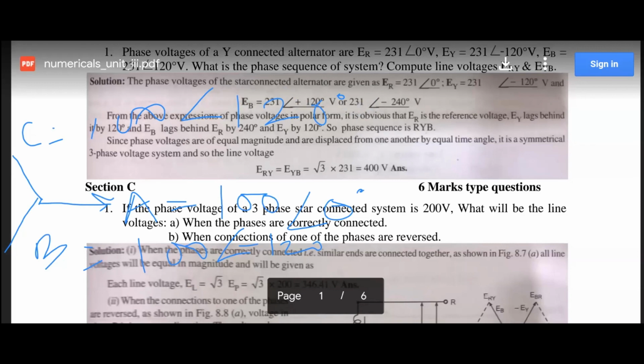Okay, if the situation is like this, so we can say that the phase sequence is ABC.